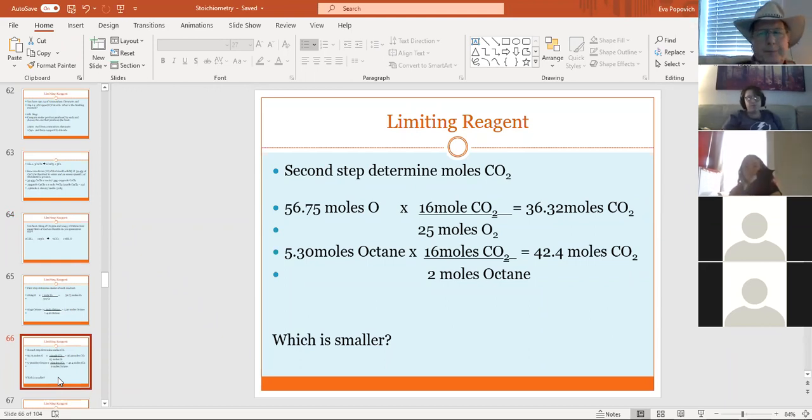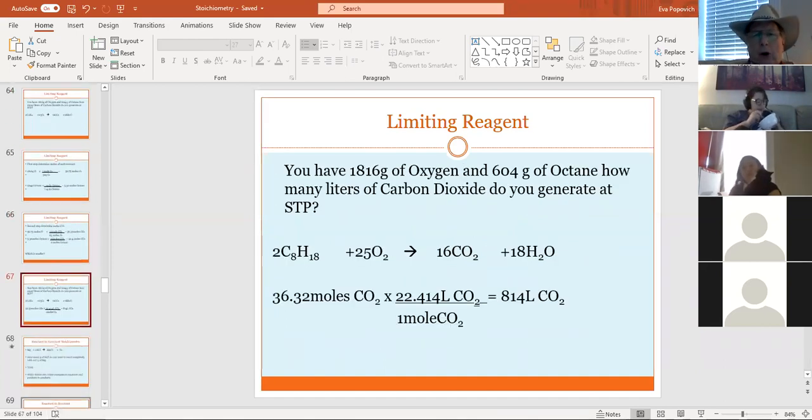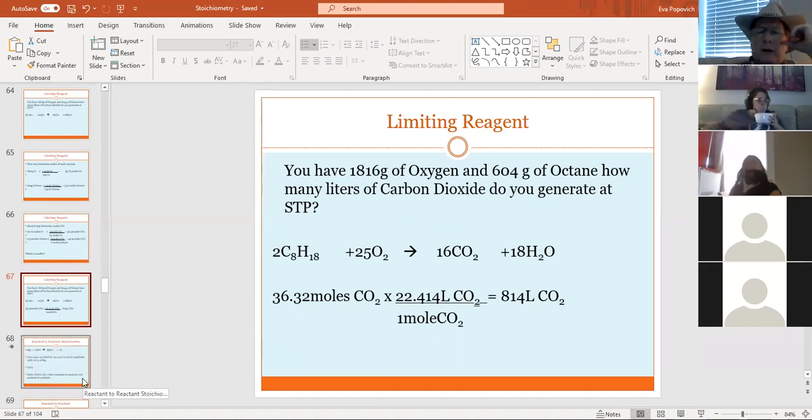You have to take your limiting reagent amount and multiply it by the 22.414 liters. Absolutely correct, Victoria. We have a relationship between liters of a gas at STP and moles: 1 mole is equal to 22.414 liters. So all I'm going to do is take my 36.32 moles of carbon dioxide, multiply that by the molar volume, and I get 814 liters of carbon dioxide.